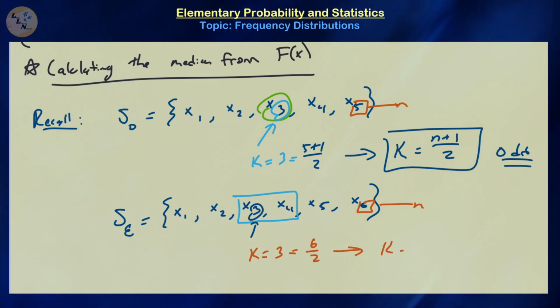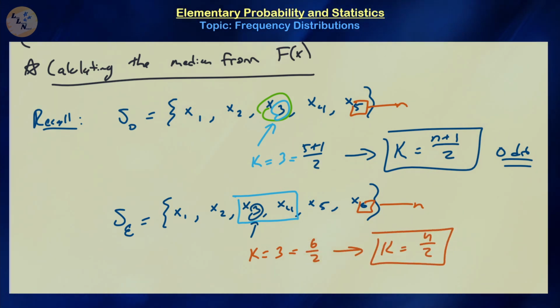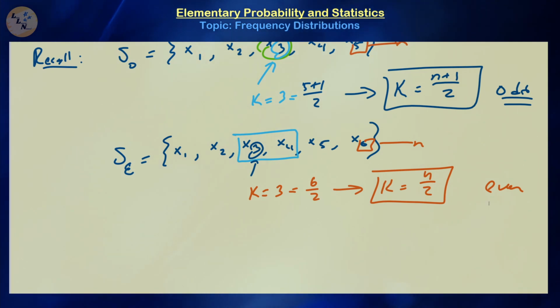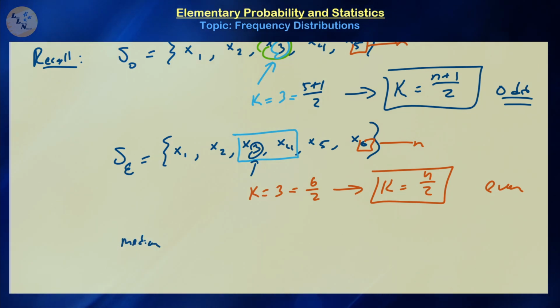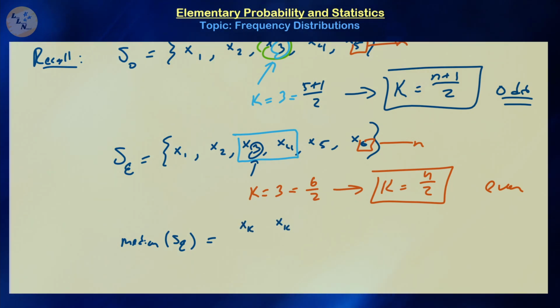And in general, k is going to be equal to n over 2, where n is even. So xk for odds is precisely going to be the median, and for an even data set, the median is always going to be equal to xk and xk plus 1 added together divided by 2, right?